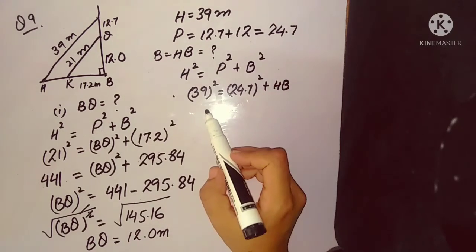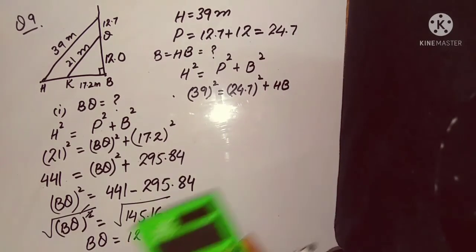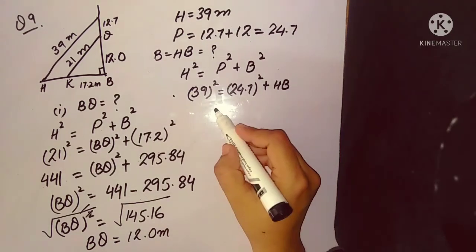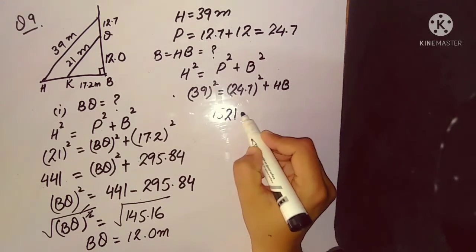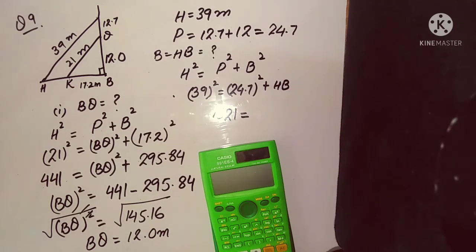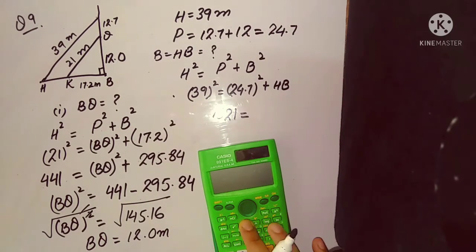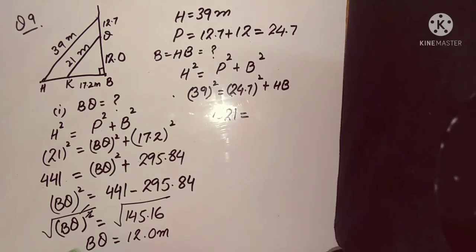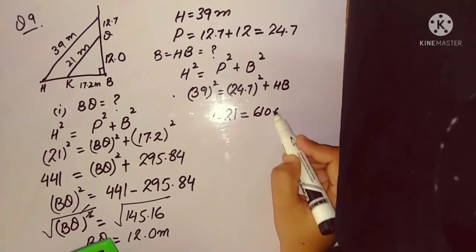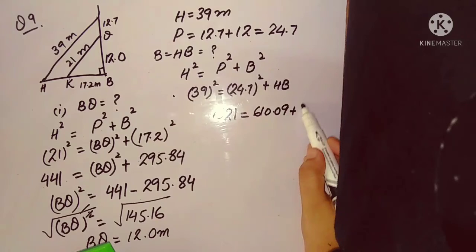When you take the square of 39, you get 1521. And when you take the square of 24.7, you get 610.09. You write HB as it is.